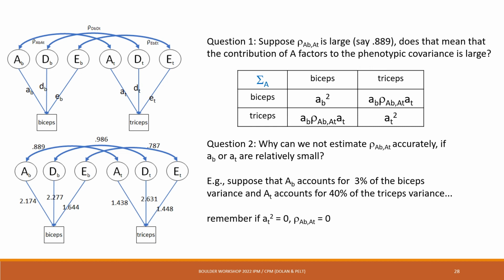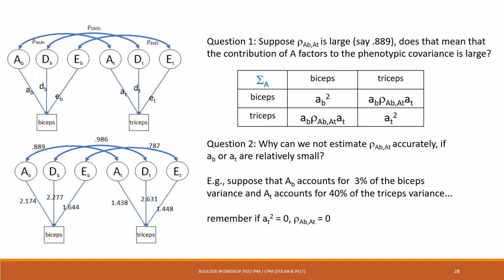That's question 1, and question 2 is more complicated and more subtle. So this is certainly something to think about. The question is this: why can we not estimate rho AB,AT, the correlation between the A's, accurately if AB and AT are relatively small? AB and AT are the path coefficients.